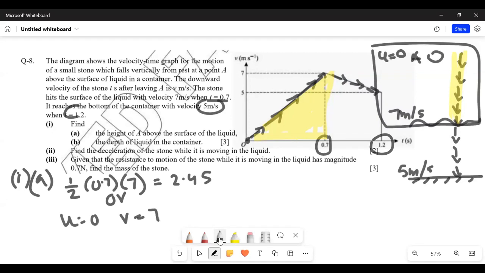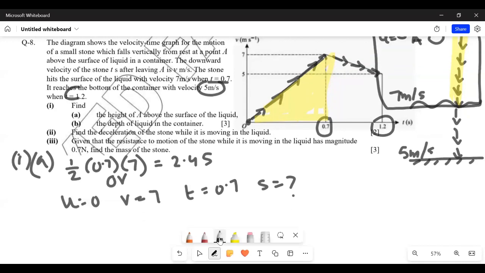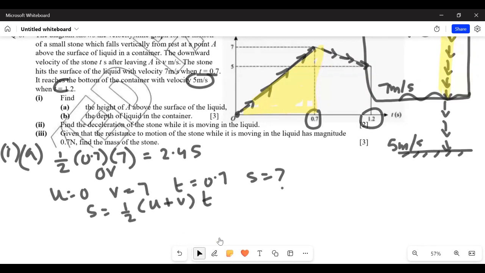So t is 0.7 and you need s. So you can also use v square equals... no, not this one. s equals half u plus v times t. This will also give you the same answer, which is 2.45.